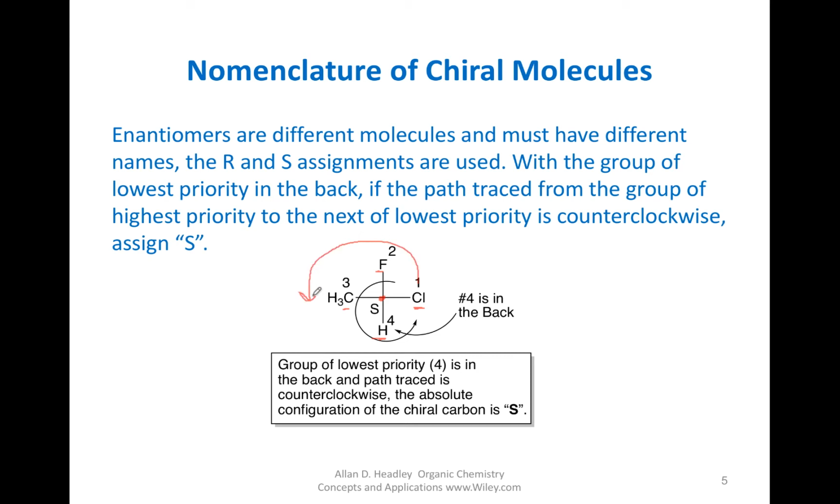Notice this direction is counterclockwise. It's going opposite to the clock. If it goes counterclockwise as shown here, it gets an S. So now we can, in fact, give a complete IUPAC name for enantiomers, which would be S or R.